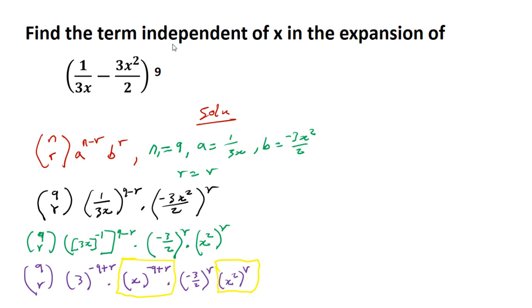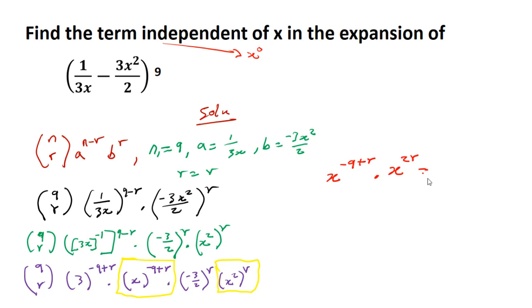The term independent of x is the term where x is to the power 0. So in this case, we are going to get x to the power negative 9 plus r, dot x to the power 2r, like that. Then because multiplication is commutative, right, that one can be taken to that particular point and they swap like that.